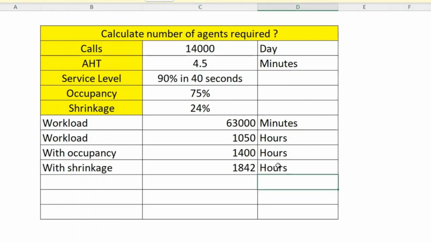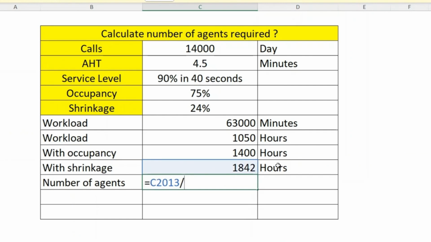Now we have all the components with all of the numbers. It is very simple now to find out the number of agents. So let me just quickly put it down. Number of agents, how many number of agents we need to have at the day end. So here with shrinkage, we have these hours, and one agent shift is 8 hours. It could be 8 or 9 hours depending on the company policies.